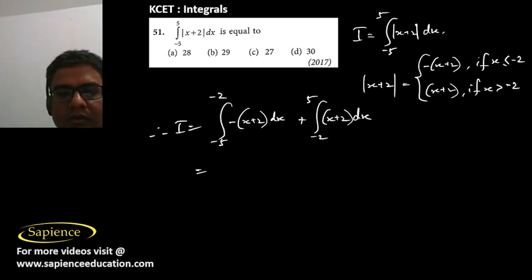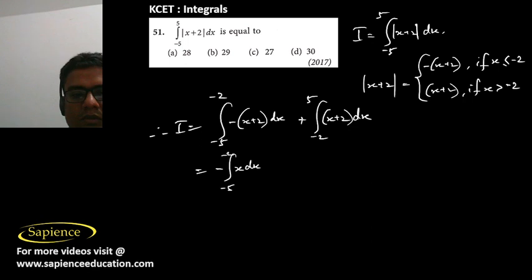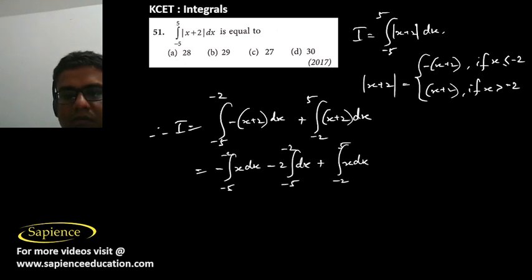So this will be equal to minus of integral x dx from minus 5 to minus 2, then this is minus 2 integral dx from minus 5 to minus 2, then plus this will be integral x dx from minus 2 to 5, plus this is 2 integral dx from minus 2 to 5.